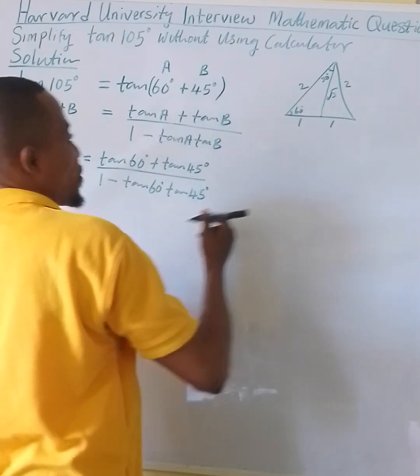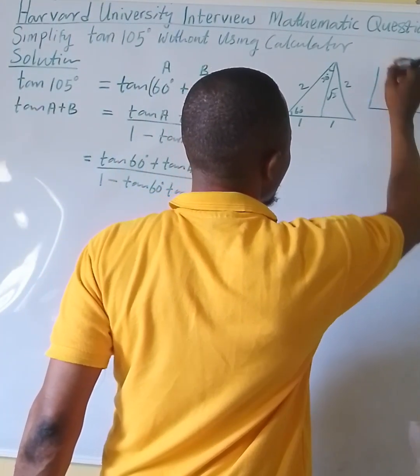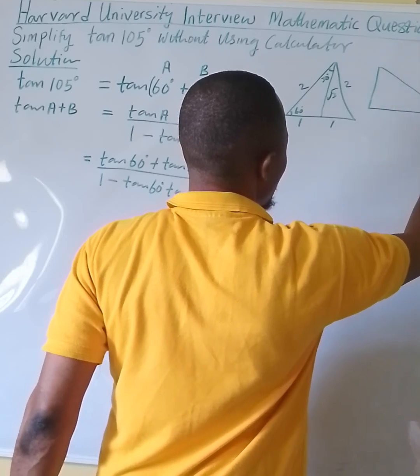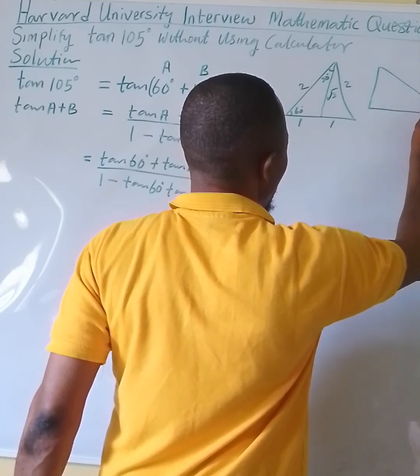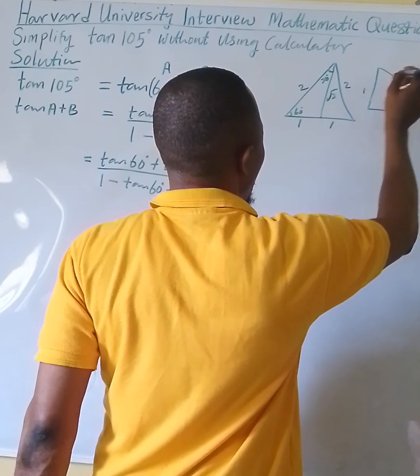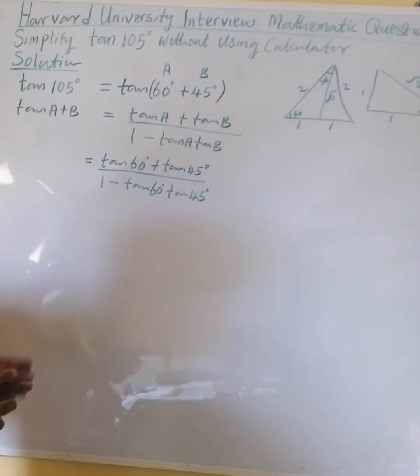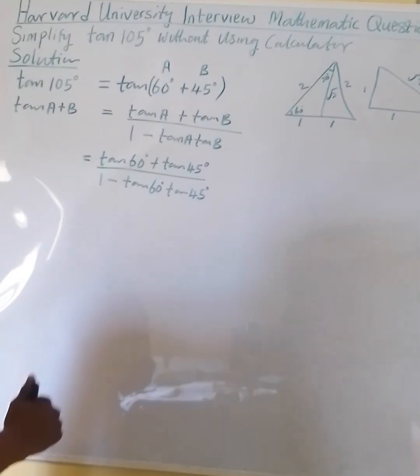Then we also have 45. To get the special angle for 45 too, it's going to give us something like this, which is 45 degrees. This one will give us 1, 1 and root 2. Whatever we have to find, that's where we will get it from.